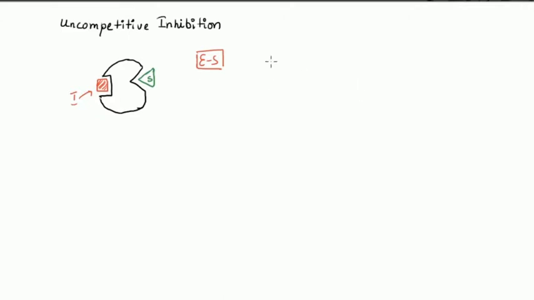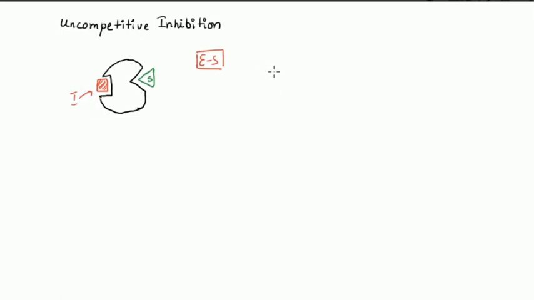Now, this kind of situation can be dealt with by decreasing the substrate concentration, because the more substrate is there in the solution, the more it will bind to the enzyme, and that would trigger the inhibitor to also bind to the enzyme.